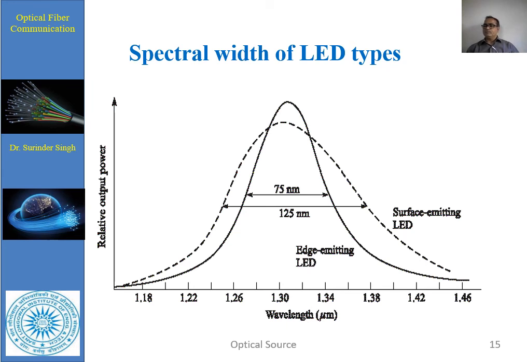The light source material used for this LED is from the group III and group V materials. These are compounds of group III elements like aluminum, gallium or indium, and from group V, phosphorus, arsenic, antimony.